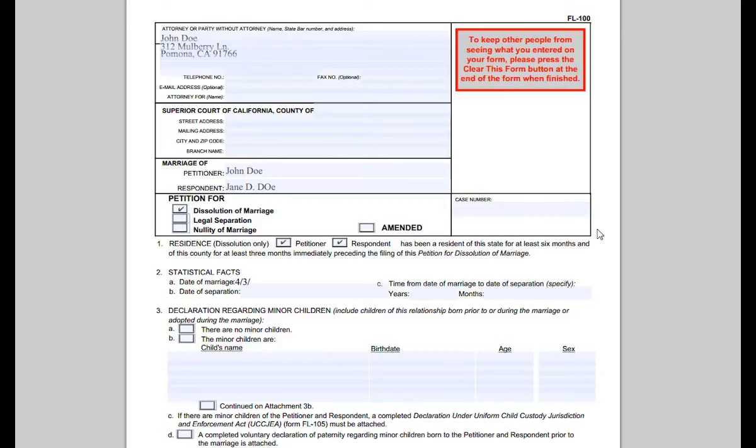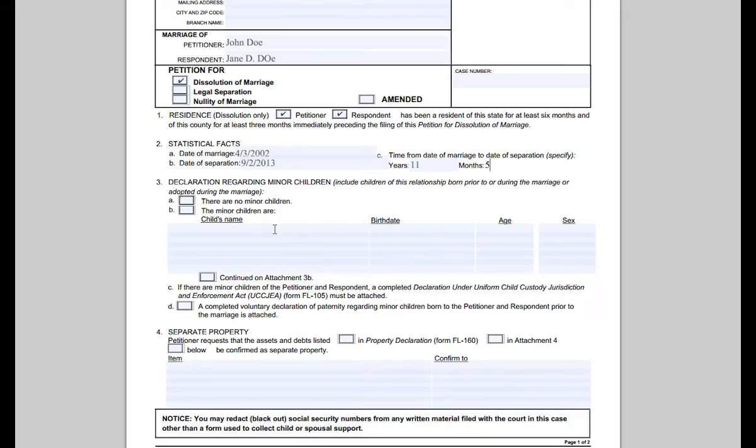And let's also say that the date of separation is September 1st, 2013. And that would make the marriage 11 years and 5 months. Okay? And let's scroll down.